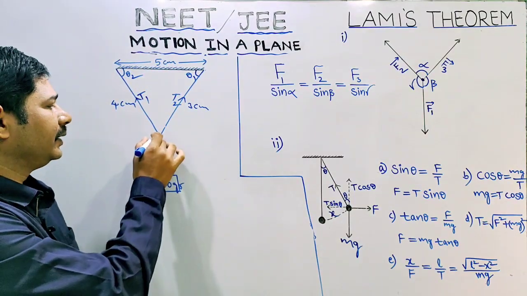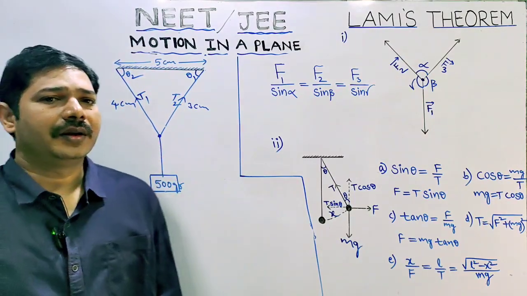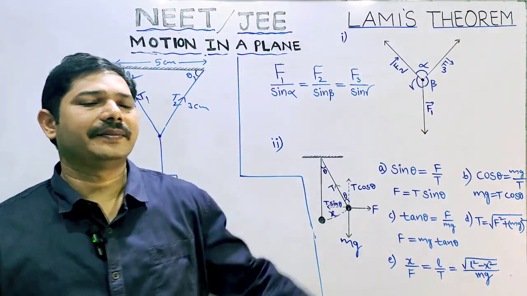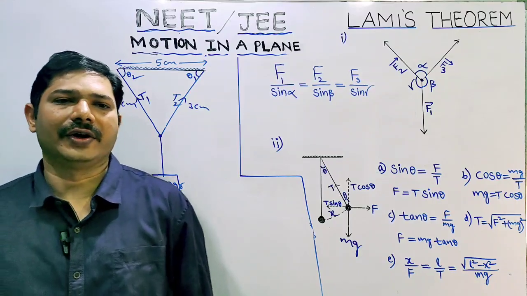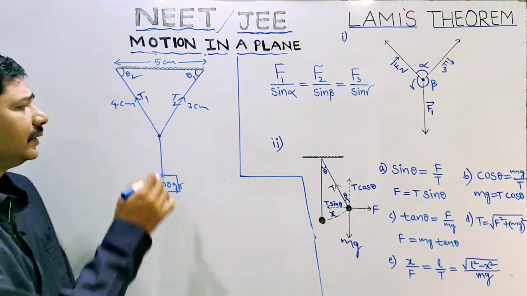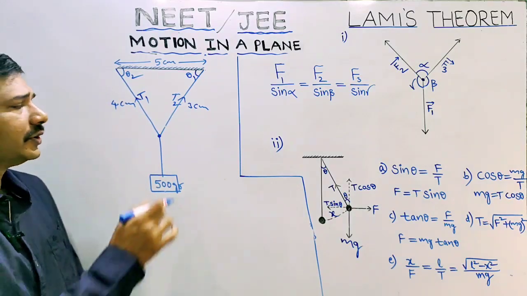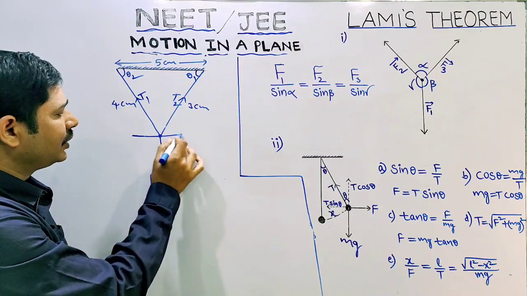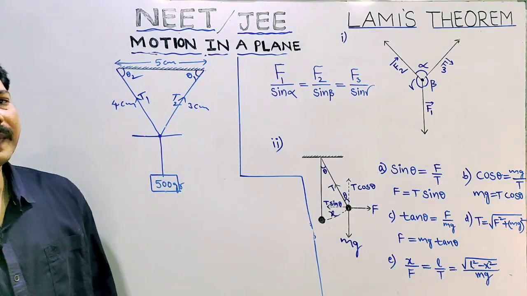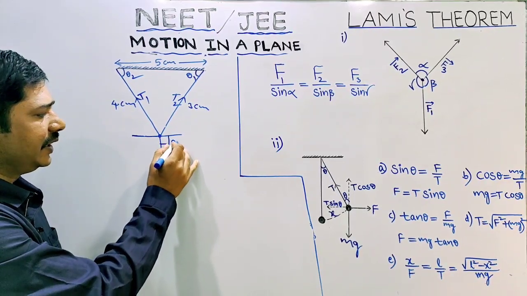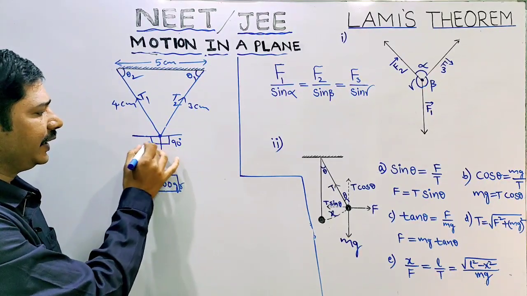So here this is the equilibrium point. By using Lami's theorem, we can find this out. You can observe how to calculate the angle. Here I am drawing one horizontal line. This angle is 90 degrees, and here also 90 degrees.